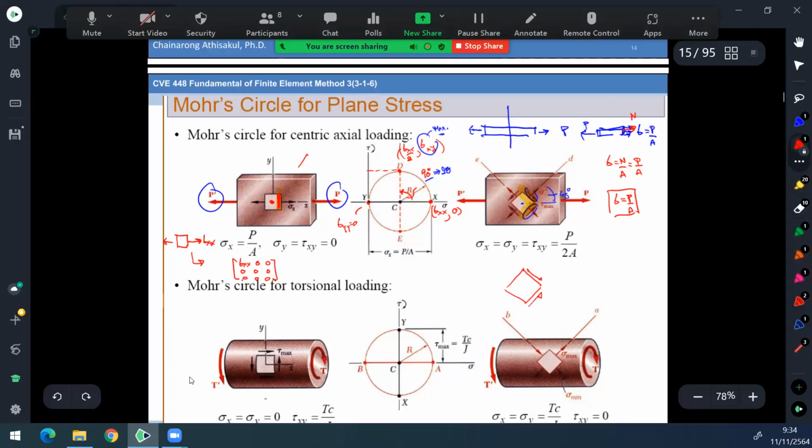And you see that the shear max tries to extend the body into the blue shape, right? Okay, and after it yields, it may be broken like this.